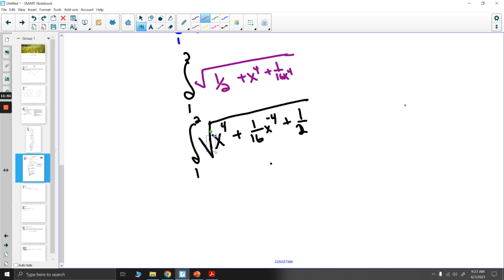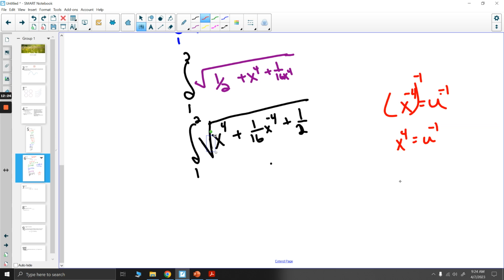But if we could factor this, that would mean x to the negative 4 is going to be a u, and so u squared would be x to the negative 8, so that's not really going to help us there. What would x to the 4th actually be for us? If we raise this to a negative 1, then x to the 4th is u to the negative 1.